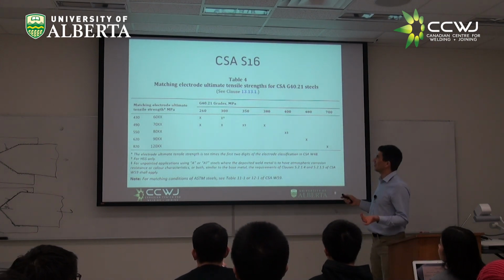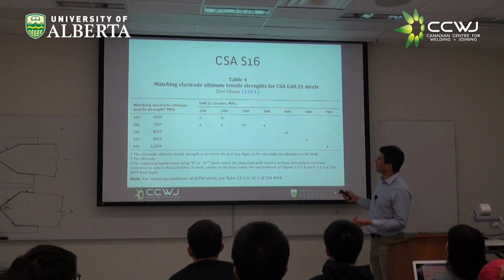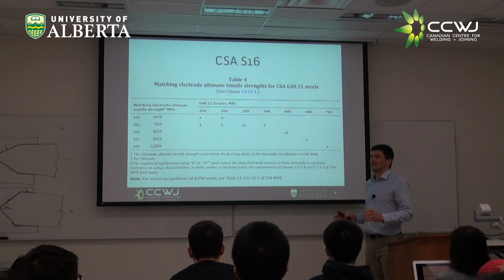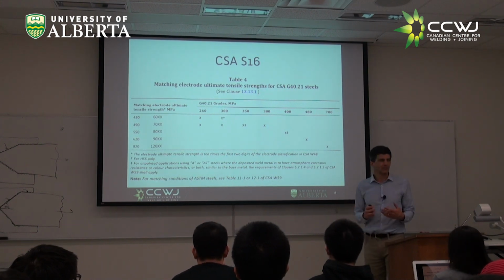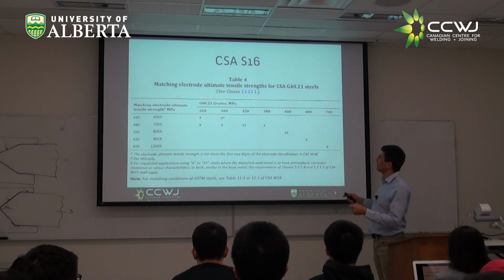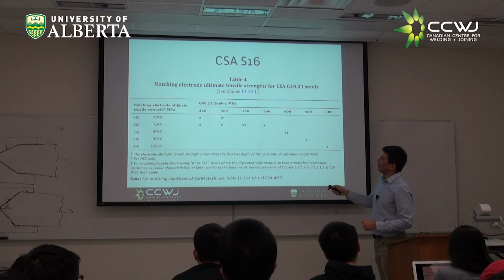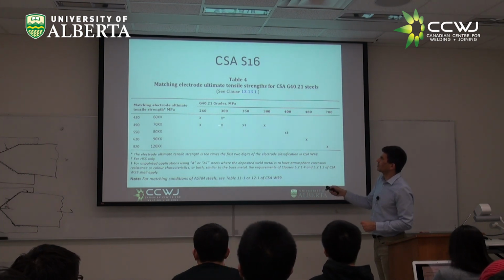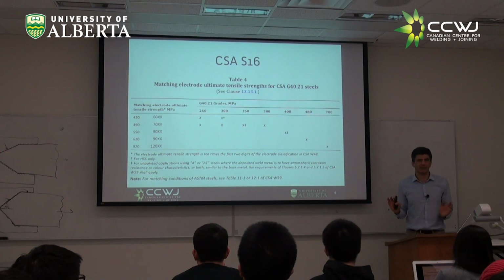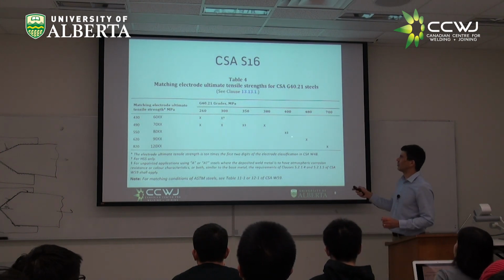And you say, well, am I matching this or am I matching this, right? Kind of. There's a little bit of wiggle room in welding. But you get to see a trend, right? Lower strength plates go with lower strength electrodes, and higher strength plates go with higher strength electrodes. That's how the trend works.